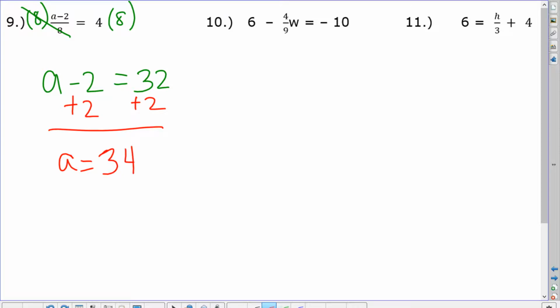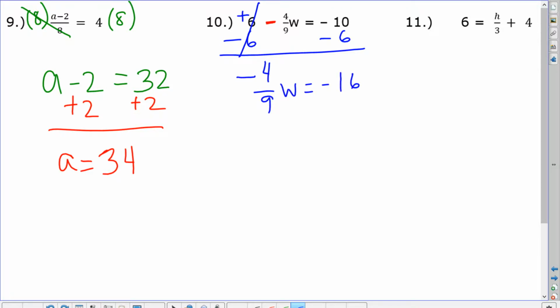For number 10, remember in the last problem, the minus sign belongs to the 4/9, not the 6. So when I clear the 6, I have to do the opposite, which is negative 6, because this 6 has an invisible positive sign in front of it. Cross off the inverses, rewrite the sign and the value.